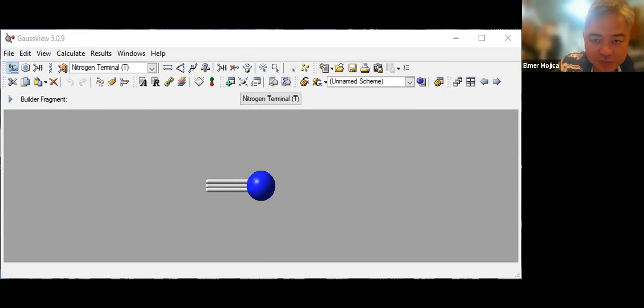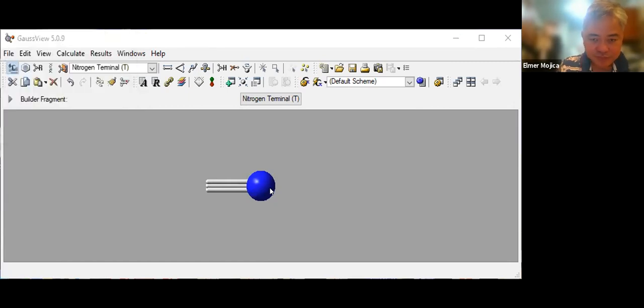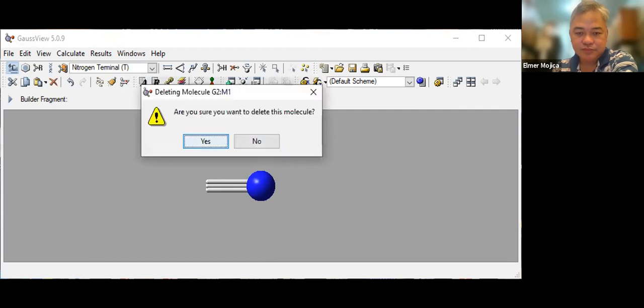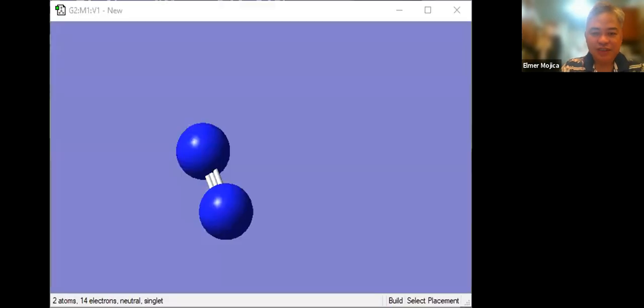So I'm building up the nitrogen. Teka, hindi nyo ata nakikita yung nitrogen. So this is the nitrogen that I have.